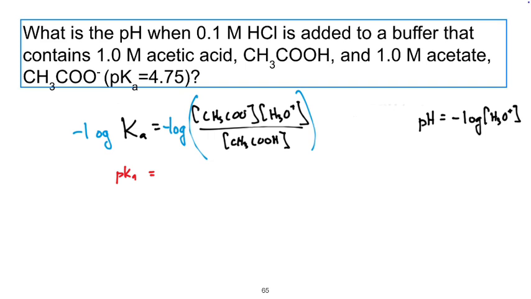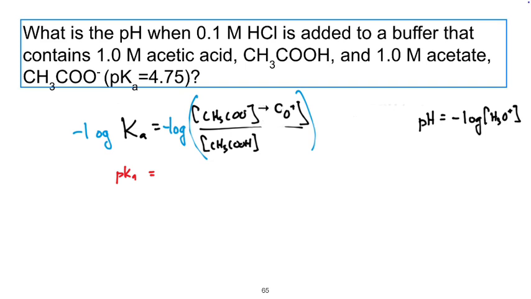This is where mathematics can come in and help us out. Do we have some mathematical simplification systems that we can pull, particularly with logarithms? One option is we're just going to rearrange our Ka expression just a little bit. Note I just slid everything over. Am I allowed to do that?